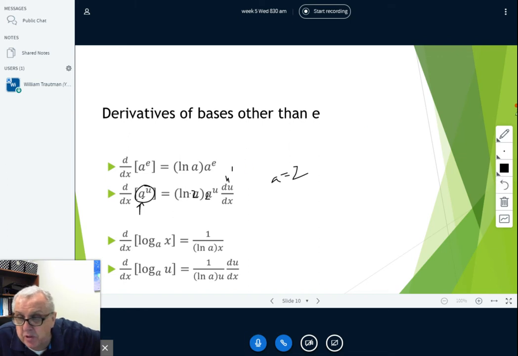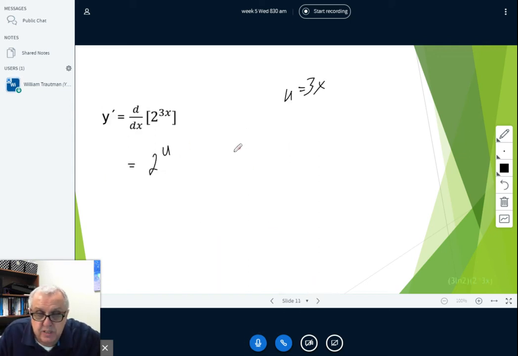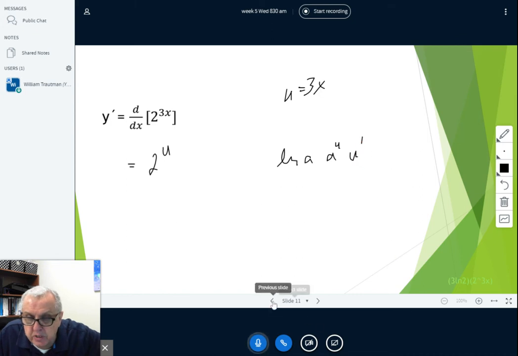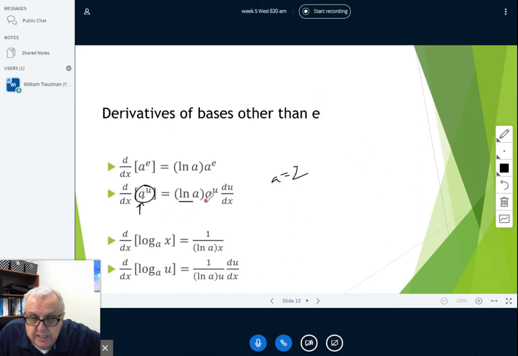So in this problem, I'm going to use the formula ln a times a to the u, then u prime. If you look at that formula, ln a times a to the u, and this is u prime. This is the derivative of u with respect to x.